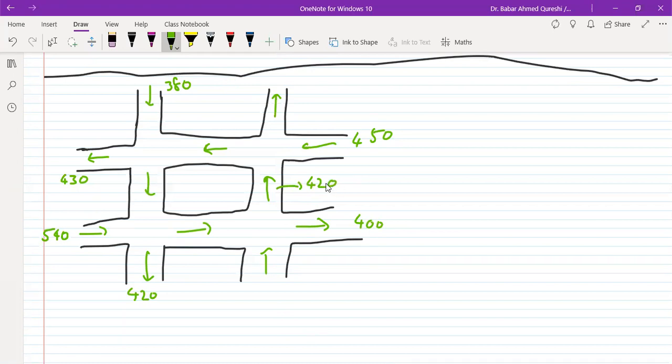But they say, disappointingly, I couldn't really count how many were here. There are way too many cars to count, so I couldn't count these. So these are unknown.